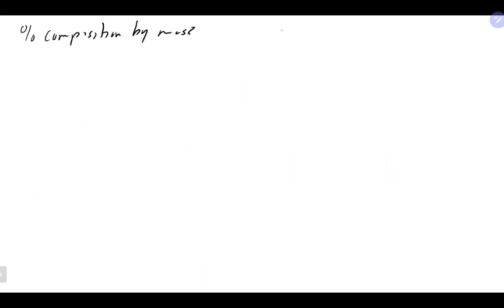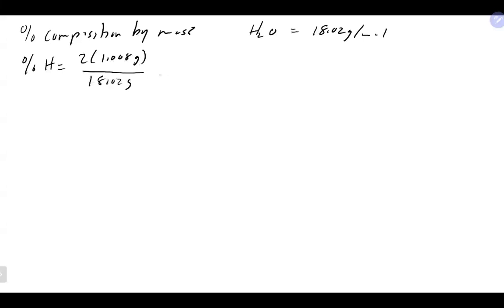If you had a formula like water, you could get the molar mass of it, and you could figure out the percentage of each element that's present. So the percentage of hydrogen would be 2 times 1.008 divided by the molar mass of the entire thing times 100%. You could also do the same thing for oxygen.